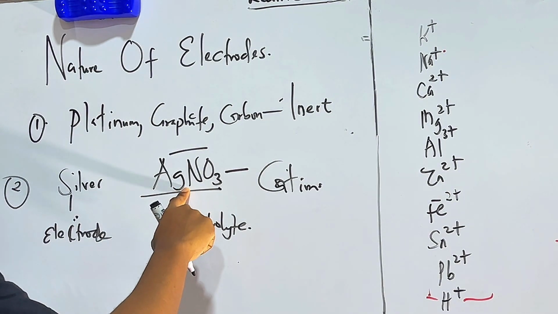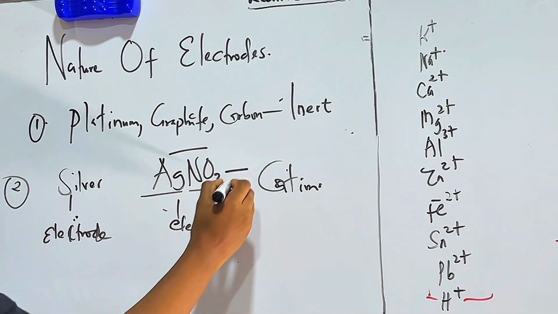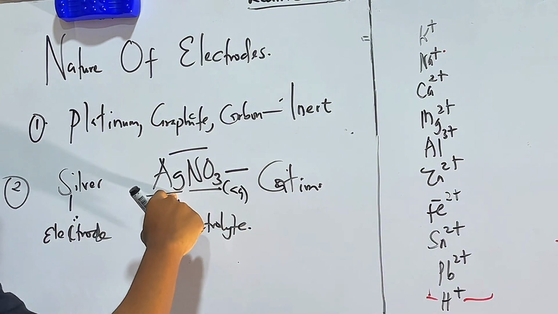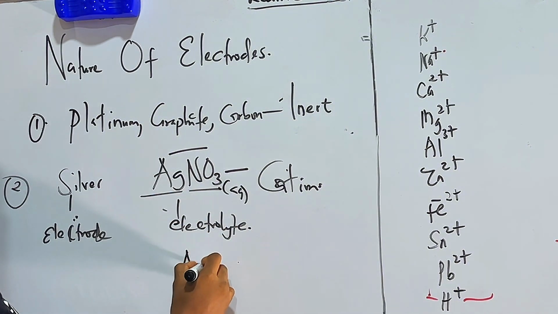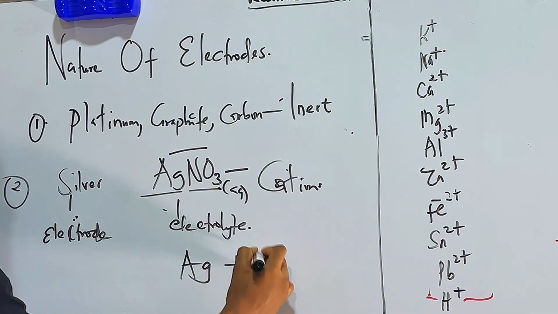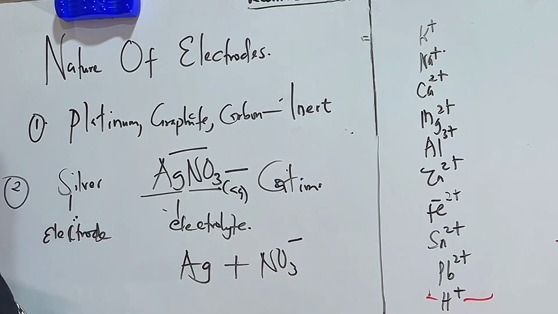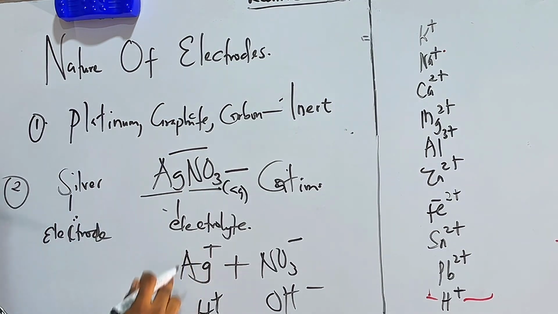Remember this is aqueous. If current passes through this, you're going to have silver, NO3, hydrogen, and OH minus. Now, for the cation, between silver and hydrogen ion, which should be discharged at the cathode?